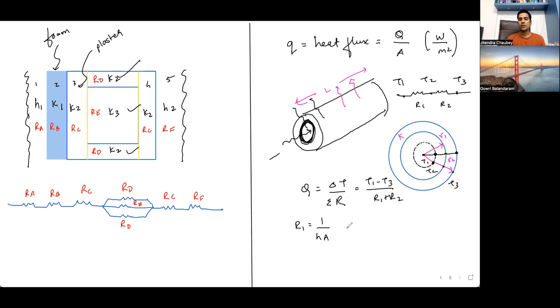And R2 for conduction would be ln r2 by r1 upon 2 pi K L. Here ln is log to the base e. r2 is the outer radius, r1 is the inner radius. So this is where it differs.